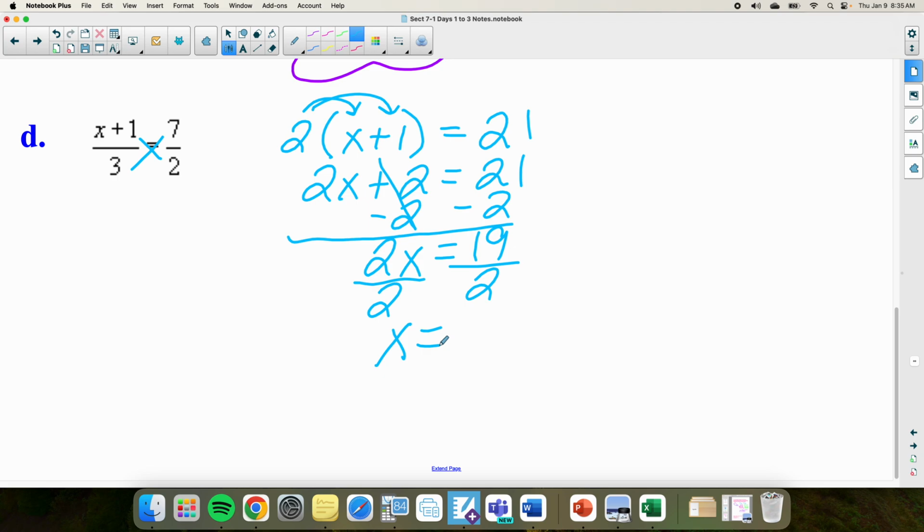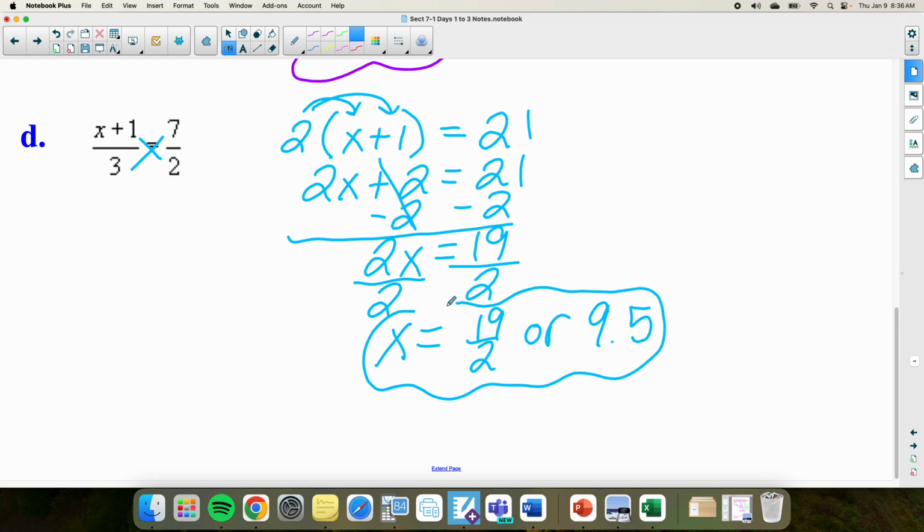That's an improper fraction, but you could leave it like that. Most people would just divide 19 divided by 2, and you're gonna get 9.5. The only way you would get it wrong if you left it in a fraction is if it wasn't reduced. Okay, so if it was 20 over 2, you'd have to reduce it.